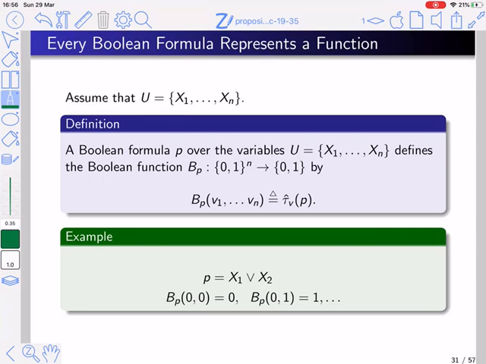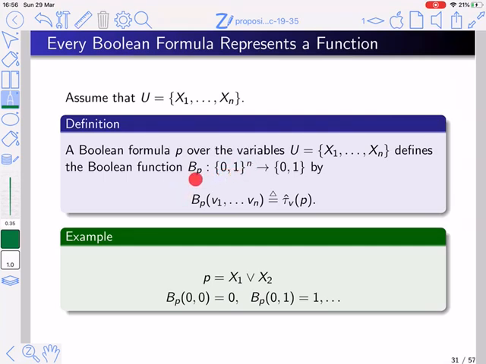Now, what I'm going to do is I'm going to take a Boolean formula P over the variables U, where U is again x1 up to xn, and I'm going to use this Boolean formula P to define a Boolean function b sub P over the set 0, 1 to the n.